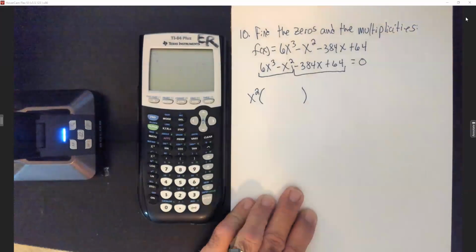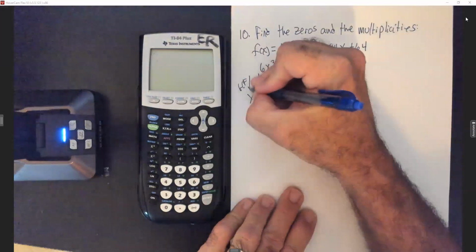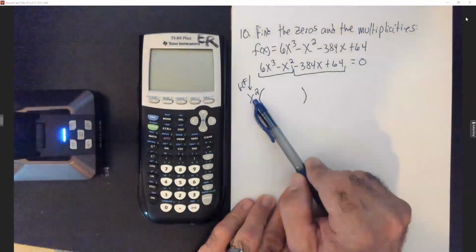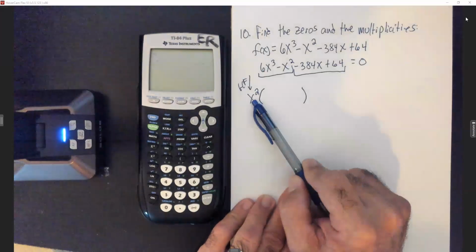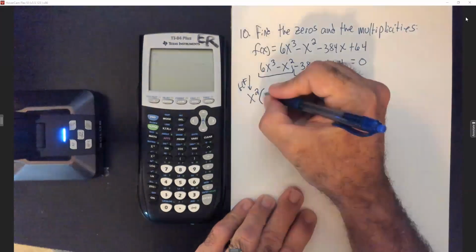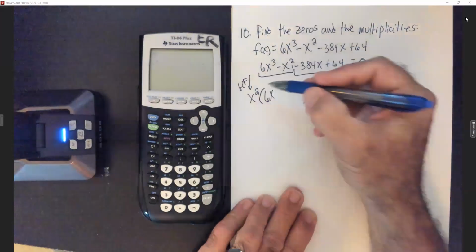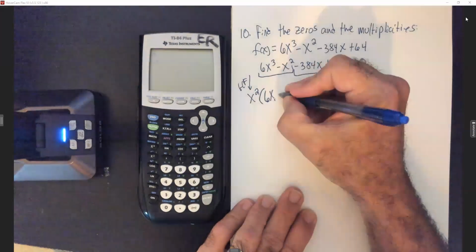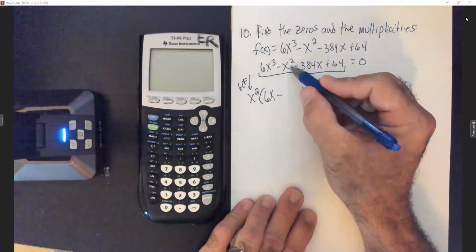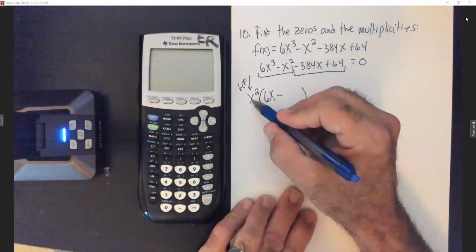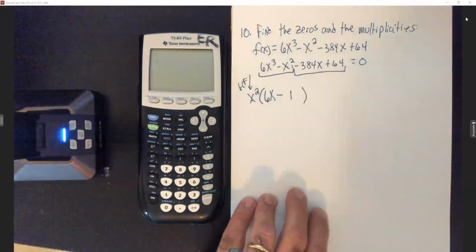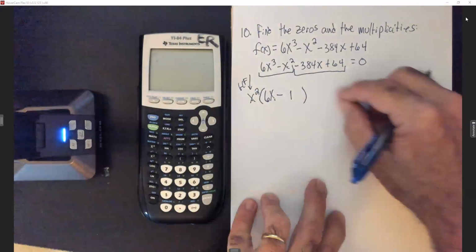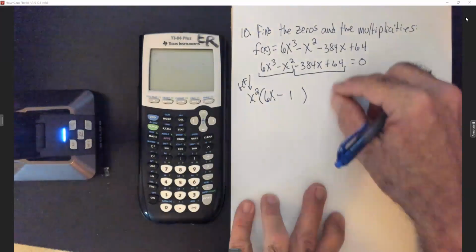So once again, the x squared is my GCF. 6x to the third divided by that x squared will leave you 6x. So nothing changed to 6, and then 3 minus 2 left me 1x, minus x squared divided by x squared is 1. So I know what's going to end up over here. If I do this right, I should get a 6x minus 1 in the second parentheses.